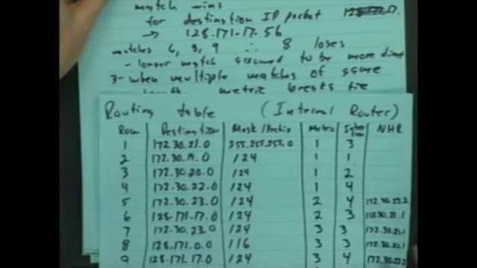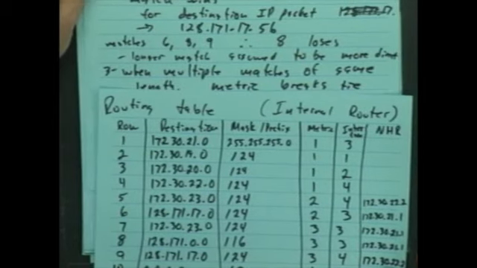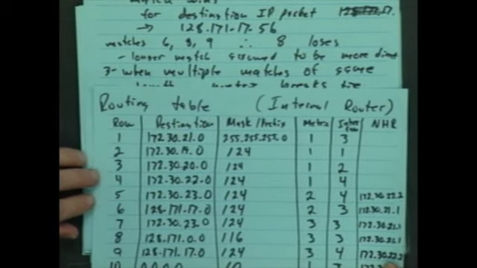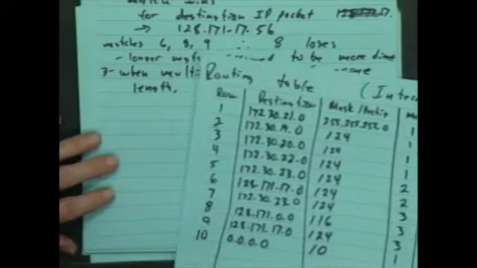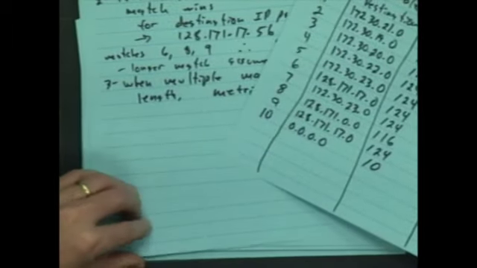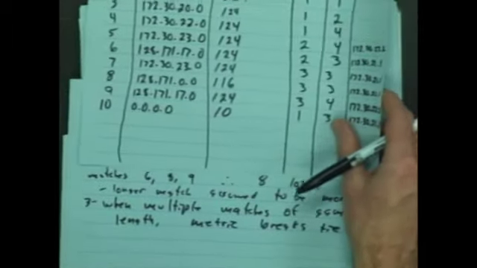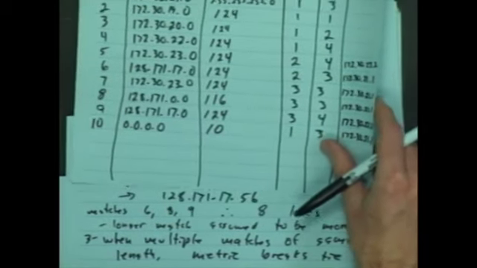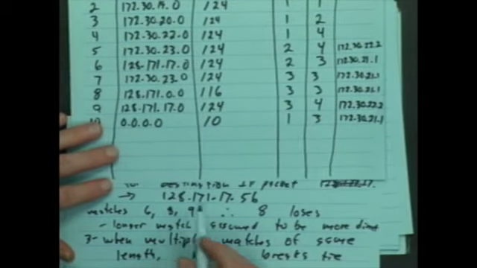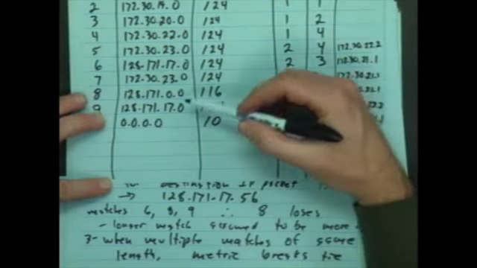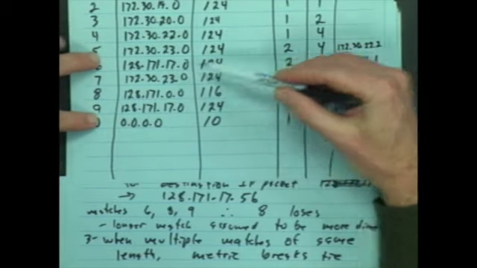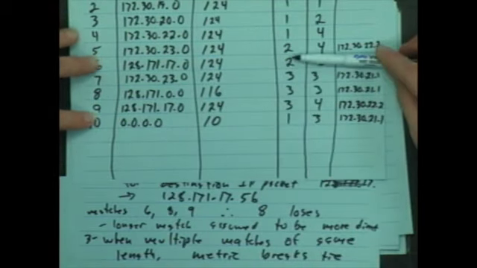But if there are multiple matches here, and now we need to break the tie between 6, 8, and 9, or actually between 6 and 9. All right, so again, I'm at 128, 171, 1756. These both match, but we go to the metric column here.